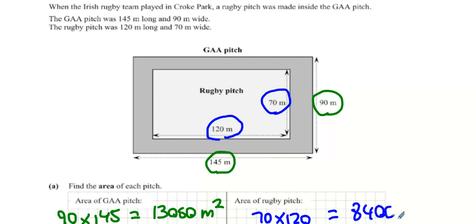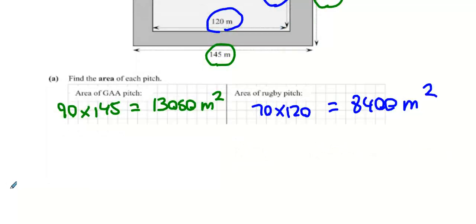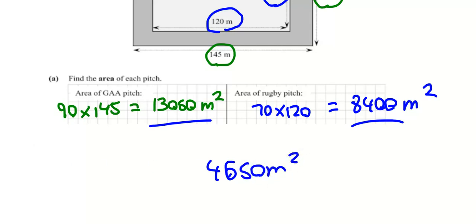Okay. Next question. How much bigger is the Gaelic pitch compared to the rugby pitch? Take them away from each other, and what do we get? 4,650. Okay, that's part B, wherever part B is. There it is.